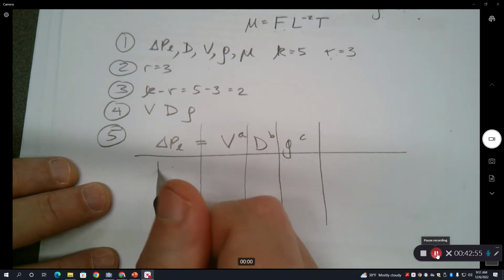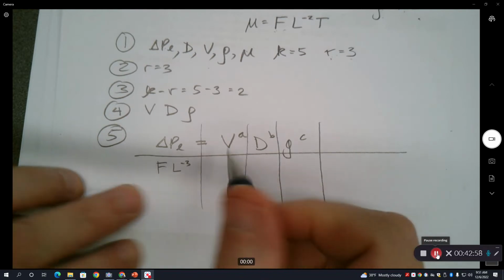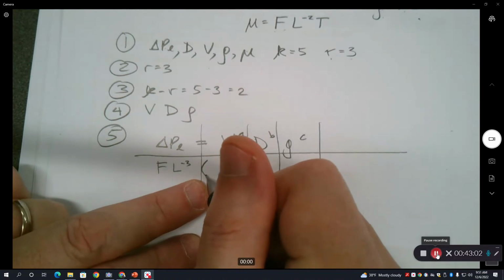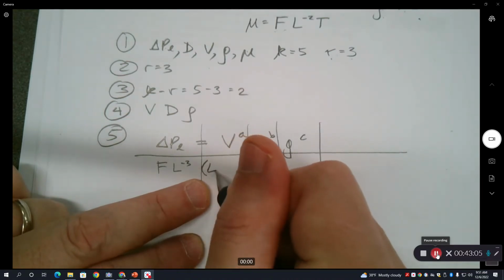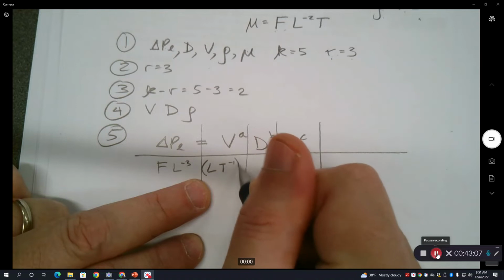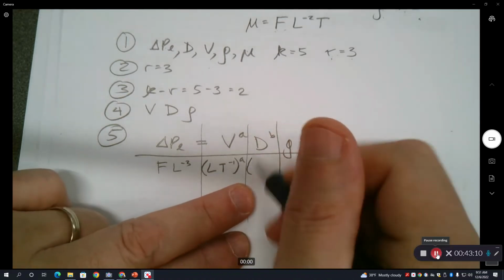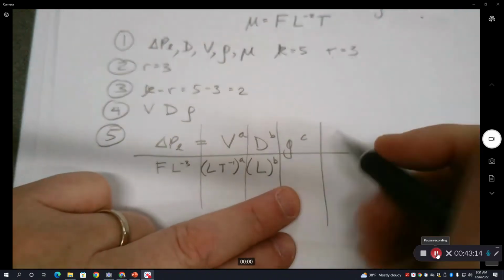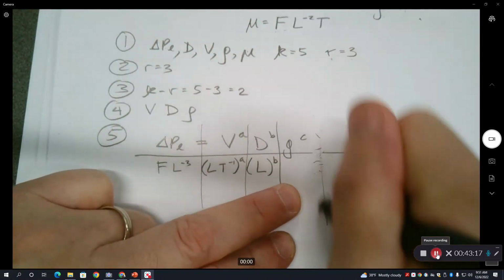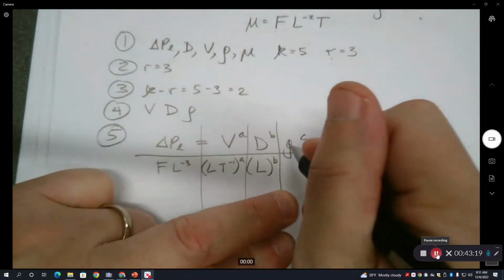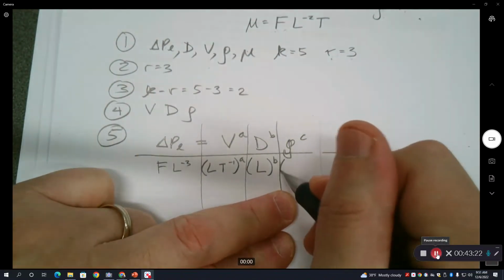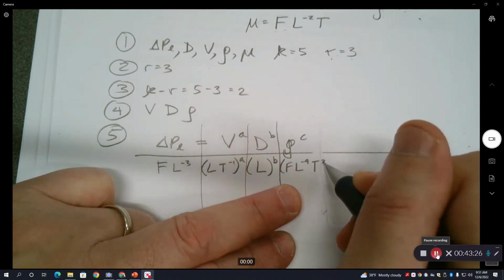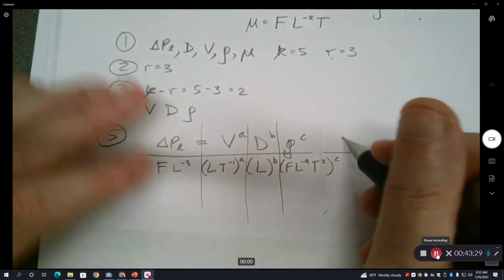Right here, we're going with F, L minus 3 underneath this. The V, so parentheses, L, T minus 1 raised to the A. L raised to the B, and then the last one, F, L minus 4, T squared raised to the C.